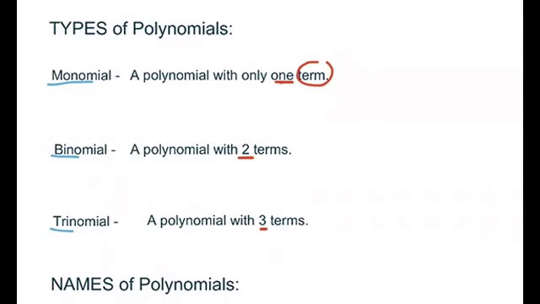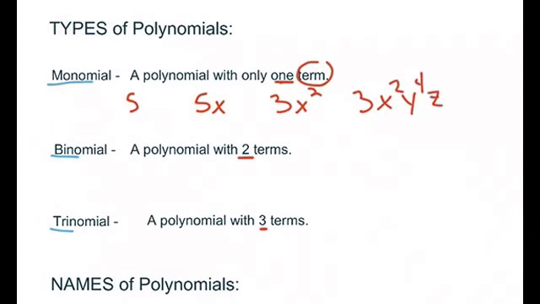So a monomial could just be 5. It could be 5x. It could be 3x squared. It could be 3x squared y to the 4th z to the 3rd, because there is no addition or subtraction going on here, this is considered a monomial.